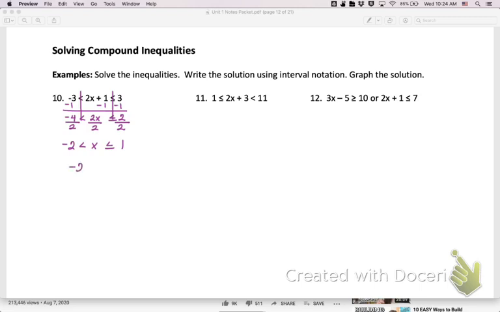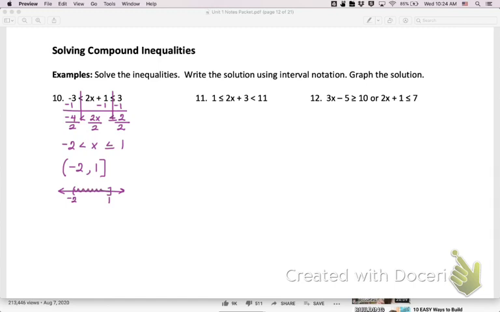So we know that it's going to look like this. We just need to decide parentheses or brackets on the negative 2. Should be parentheses. Parentheses or brackets on the 1 should be brackets. And so to sketch the graph, that is going to be pretty straightforward, and it'll look just like this, okay?